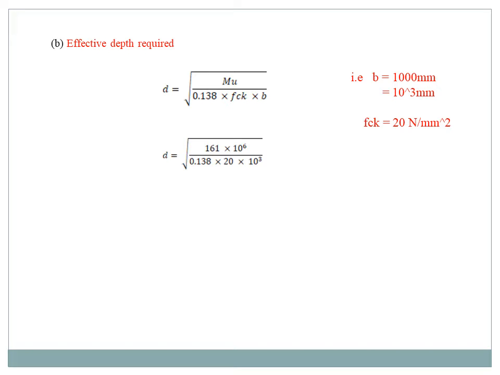Then d is equal to root of Mu, 161 into 10 power 6, divided by 0.138, fck is 20, b is 1000 mm, so 10 power 3. Finally small d is equal to 241.5, so rounded as 242 mm.